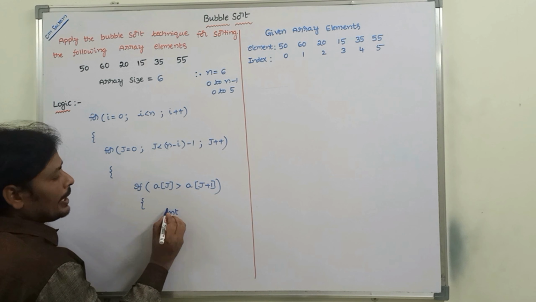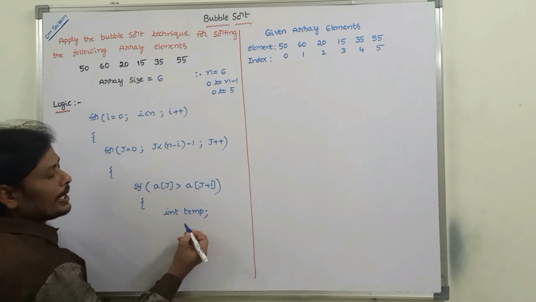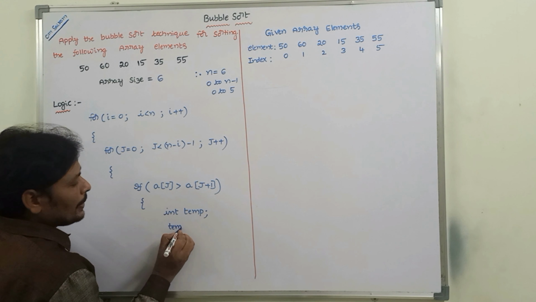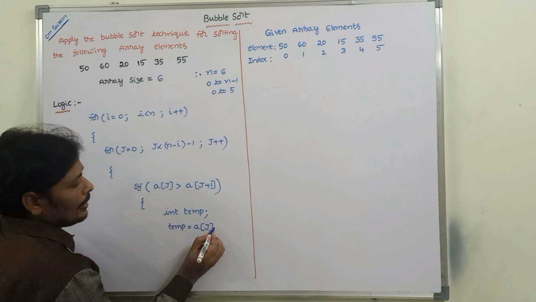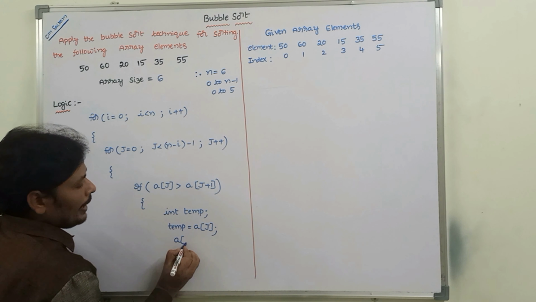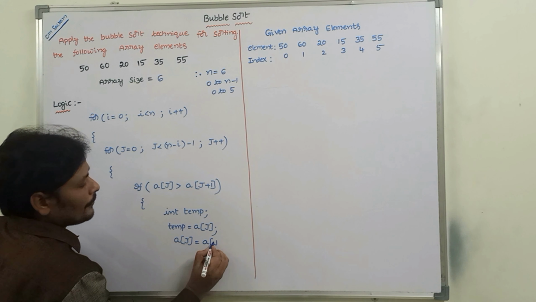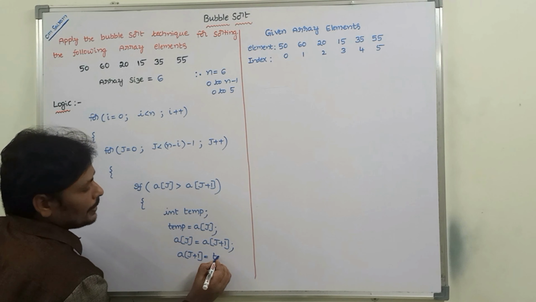Here I am taking one temporary variable. Its data type is integer. Now temp is equal to a of j. Next, a of j is equal to a of j plus 1. Next, a of j plus 1 is equal to temp.